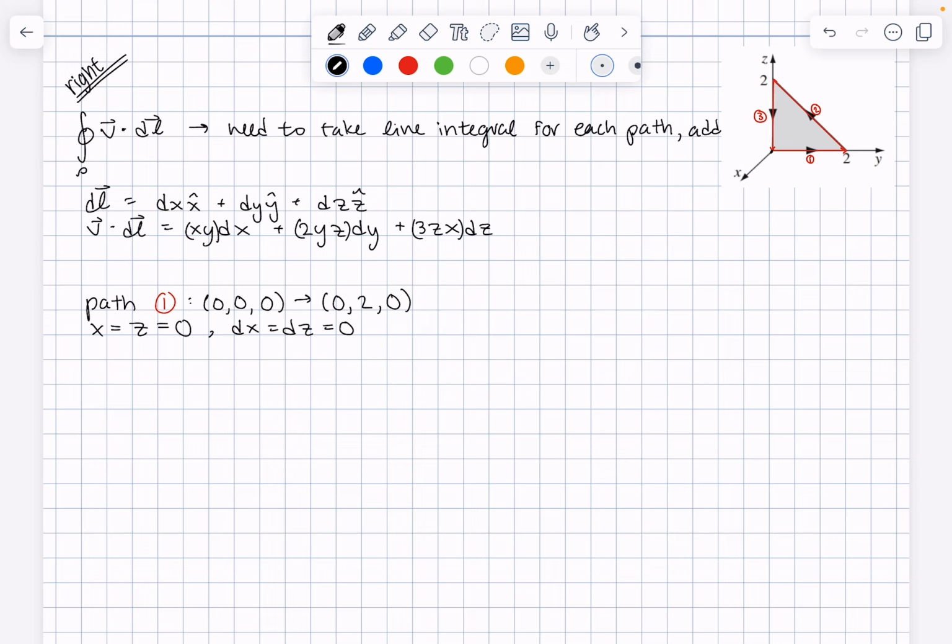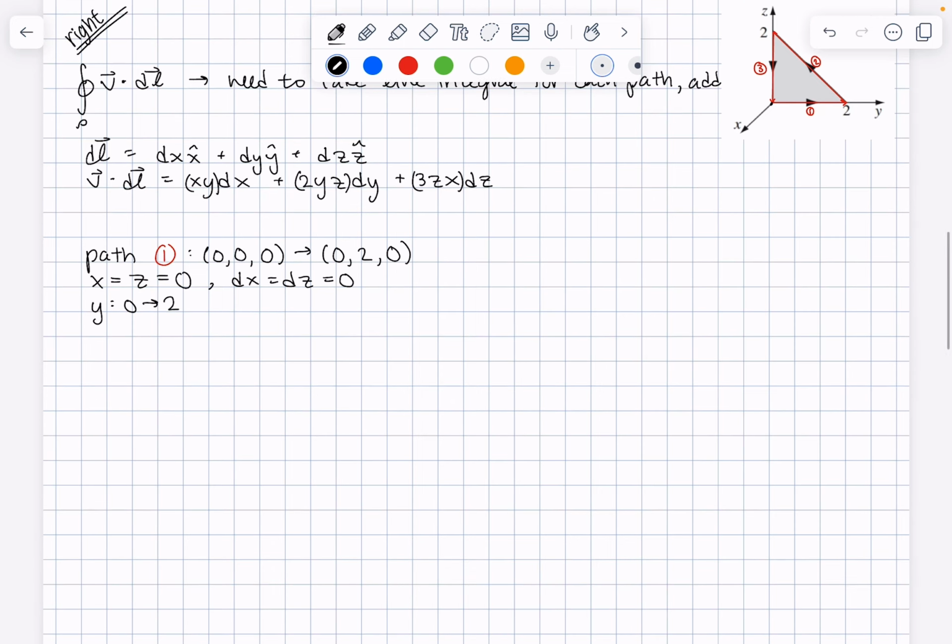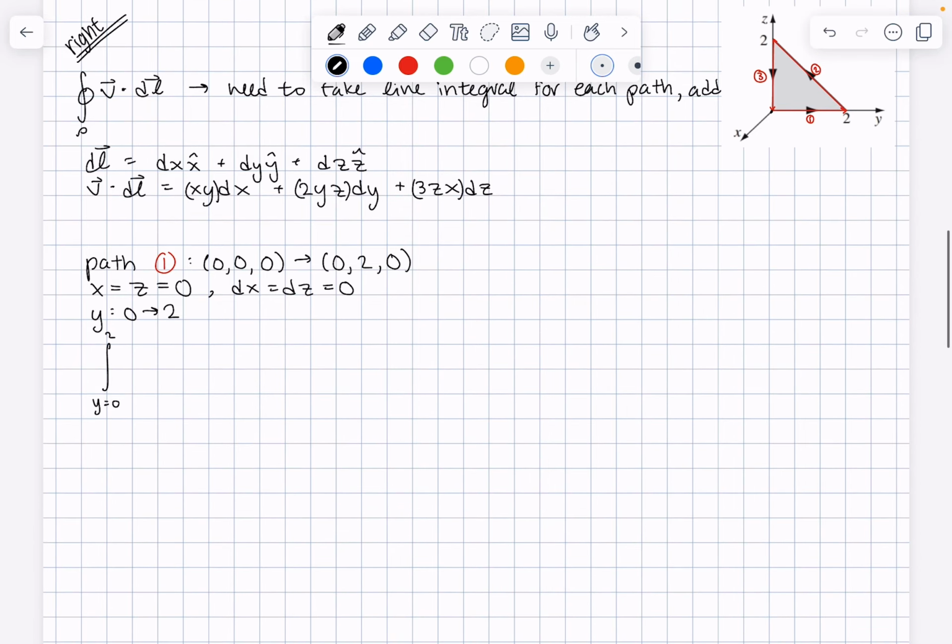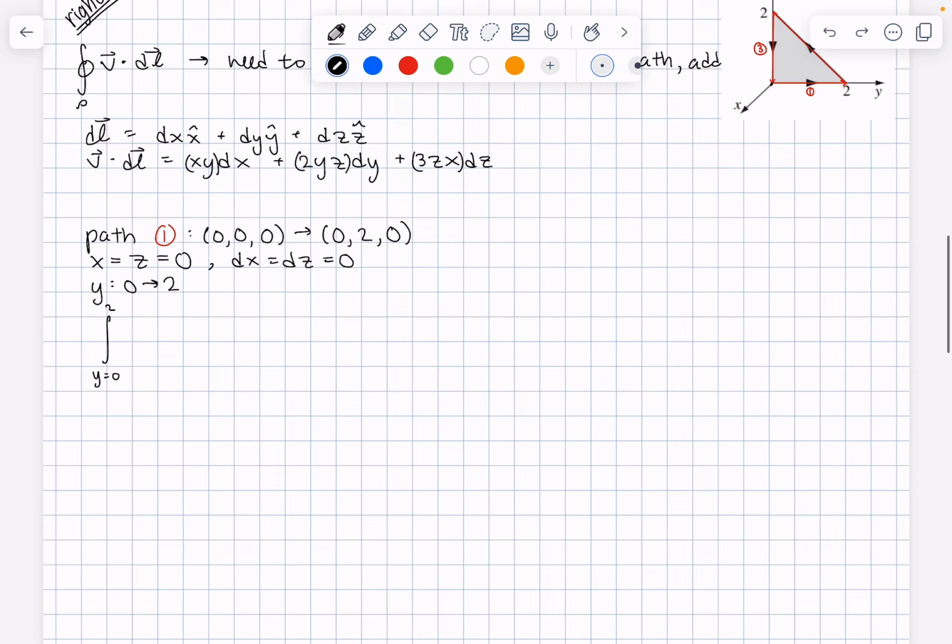And our y is going to be going from 0 to 2. And so what that means is when we plug this into our integral, we'll be taking it from y equals 0 to 2. And our dx and our dz are 0, so we don't have to worry about those components up here. We can get rid of those. And then we just have to worry about the 2yz dy.